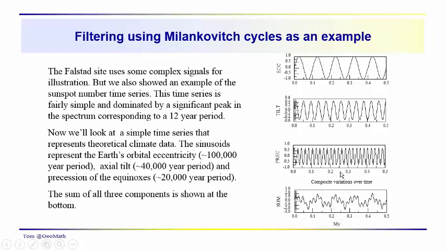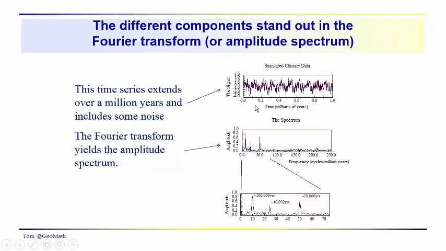It seems to be kind of obscured, and then the precession is. And another thing that we haven't talked about is how do you scale these? We put the eccentricity and the precession in at an amplitude of 1, with the tilt at an amplitude of 0.5. So it does come in at a little bit lower amplitude.